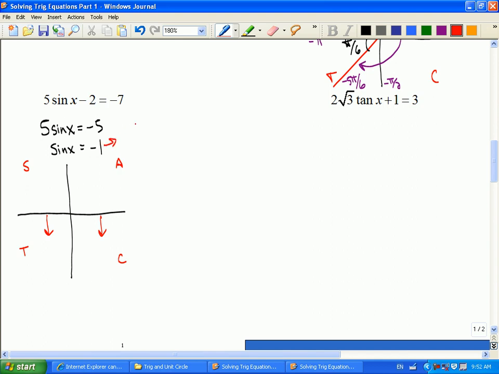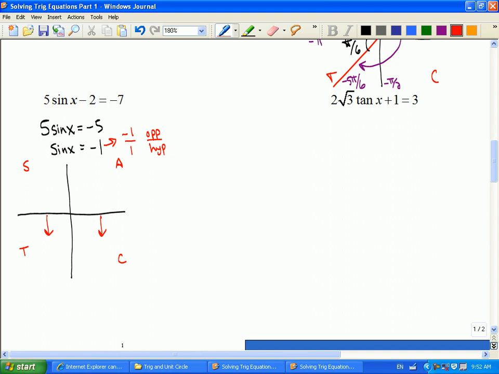If you go like this and you try to make a triangle, you could call that negative 1 over 1, opposite over hypotenuse. There is no triangle with an opposite over hypotenuse like that. You're not going to find it in the triangles. In fact, I don't think you can make a triangle like that, right? The hypotenuse has to be longest, and it's not the longest there.